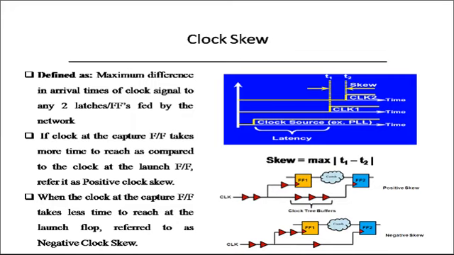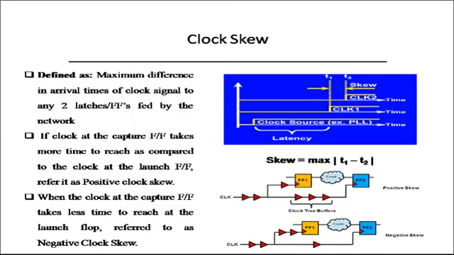This is the understanding part, that is, what is a clock skew. Whenever there are two different flip-flops, or whatever the number of flip-flops in your circuit, it is expected that the clock should reach each flip-flop at the same time. If it is not reaching the flip-flops at the same time, then quite obviously there is a skew.